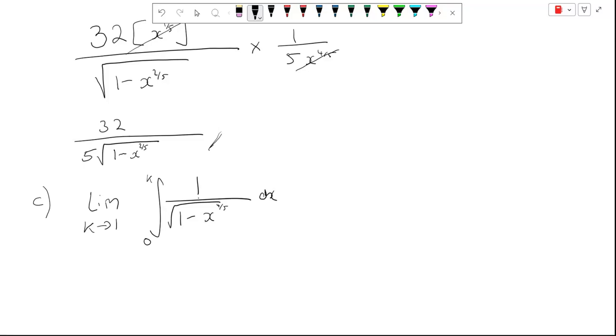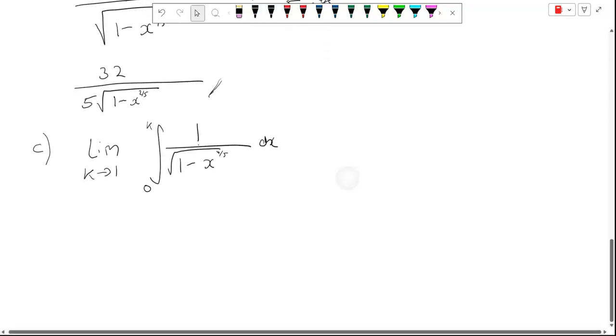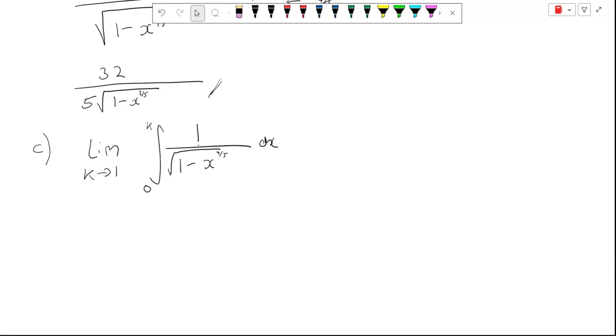Square root dx. And if I go back to part B and replace my 1 over square root of 1 minus x to the power 4/5, I'm going to get the limit as k approaches 1 of the integral from 0 to k of 5/32 f dash of x with respect to x.